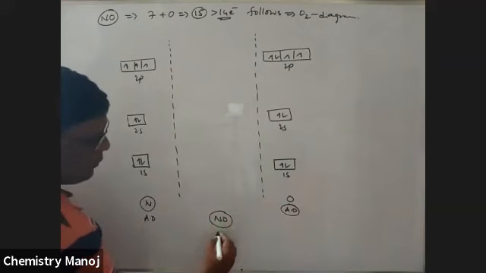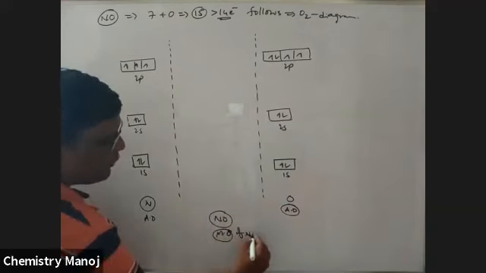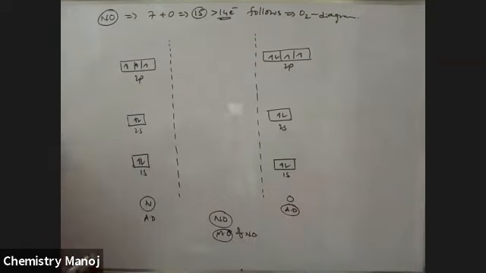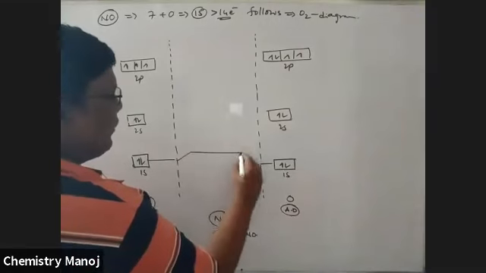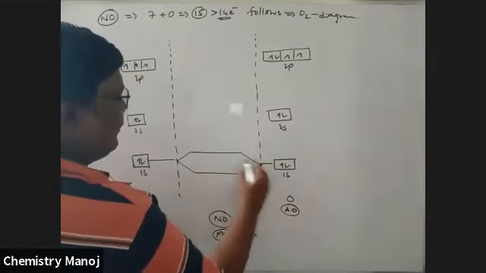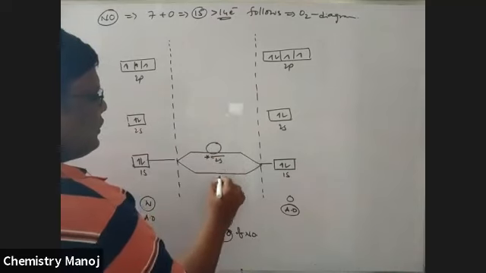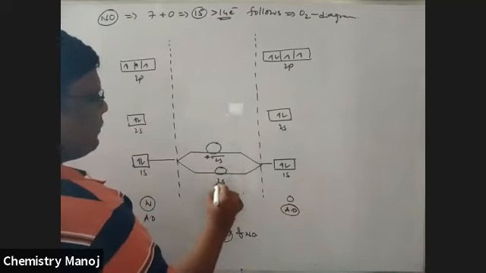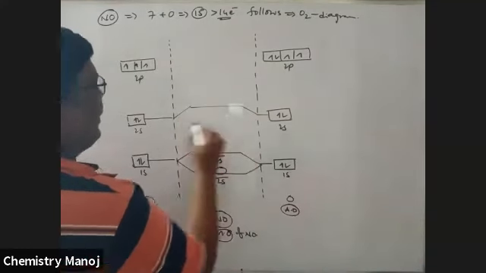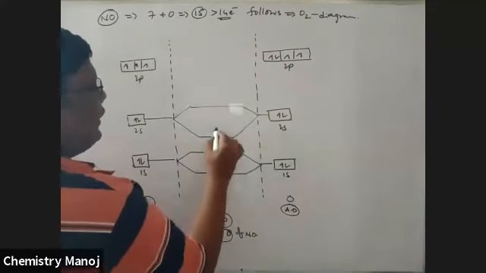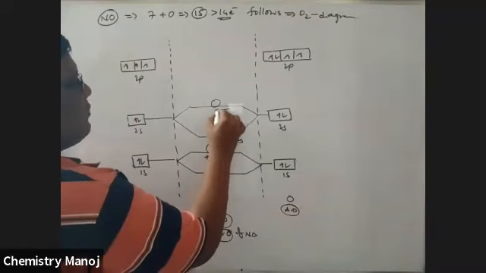This is the bond, that is the molecular orbitals of NO. These two combinations give one upper orbital and one lower orbital: sigma 2s and sigma star 2s.